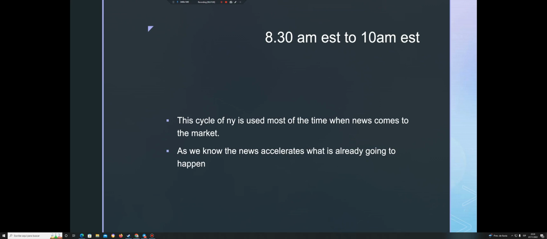So yeah, you can use the cycle when there is no news, because 8:30, after the big move, the fake moves that happen on the first cycle of New York, 8:30 comes to be a very nice time to trade. Okay, 8, but we wait 30 minutes. And at 8:30 we can start to trade.